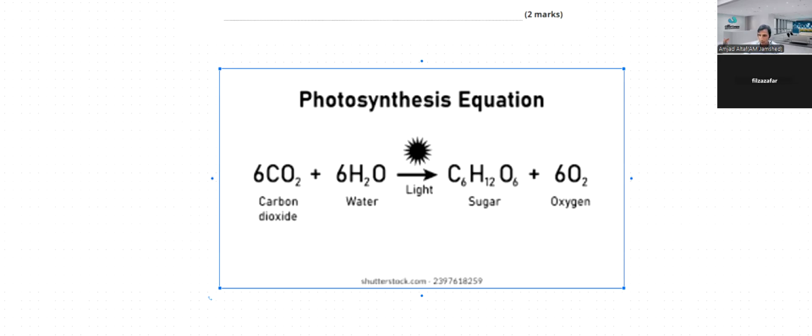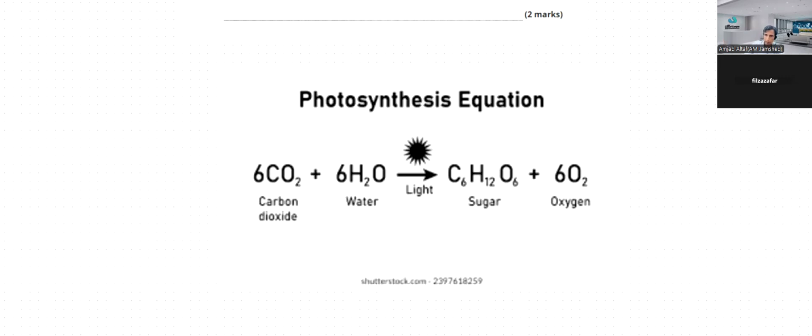And now you can get how important it is for us. This is the oxygen source that we use for our breathing. Just imagine how important it is for us. And this is the sugar that the plant will use, and definitely it's a producer.